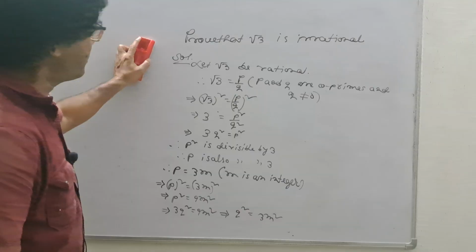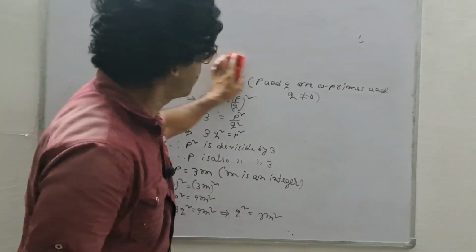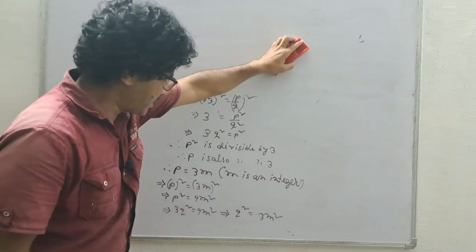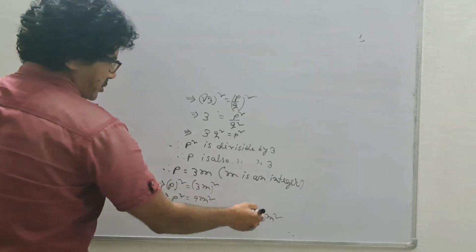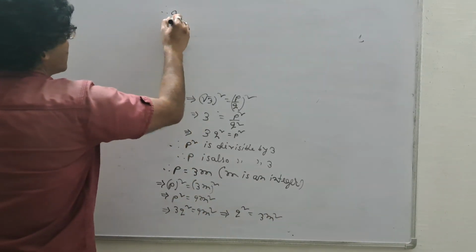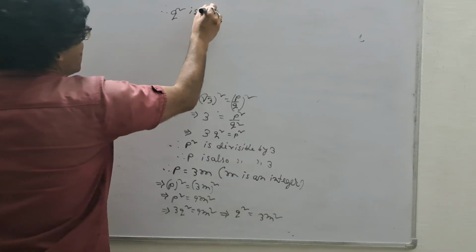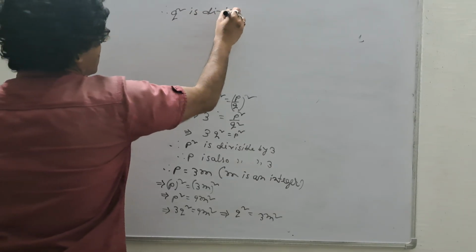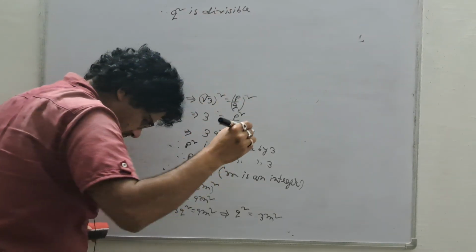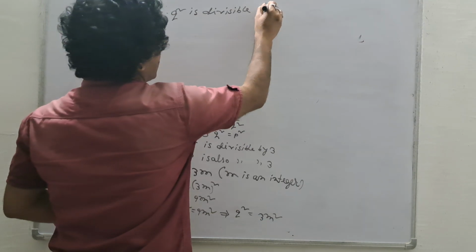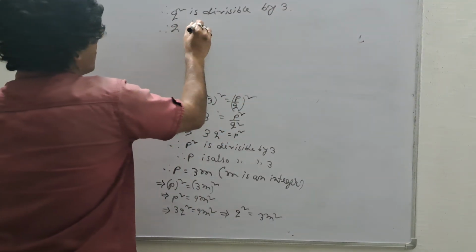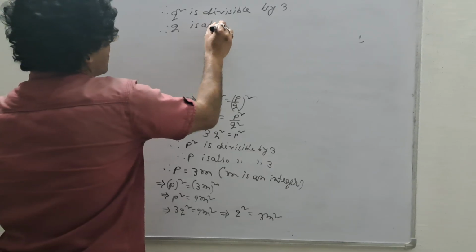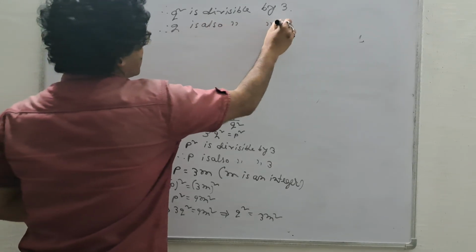That means what are we getting? Q squared is equal to 3m squared, and this is divisible by 3. That means q squared is divisible by 3. Therefore, q squared is divisible by 3, which means q is also divisible by 3.